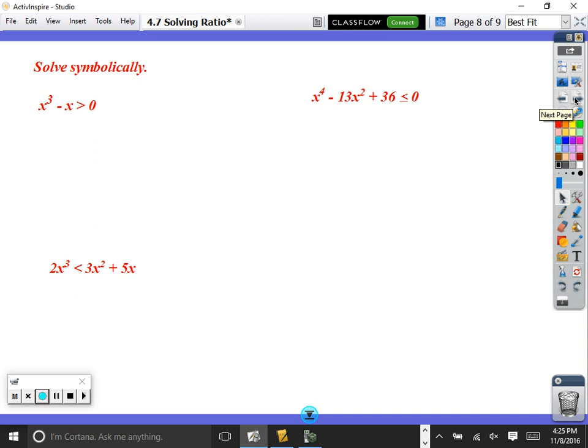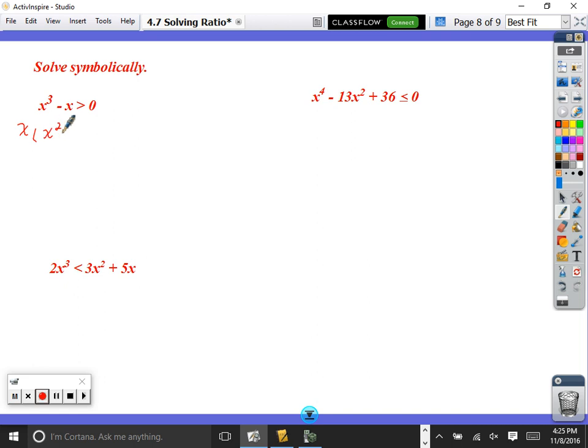What if it asks us to solve it symbolically? Symbolically means do your algebra. And notice all of these are polynomials on this page. So when you have polynomials, you want to get it set equal to 0, and then you want to factor. So if we solve, this first one is compared to 0. So we just now need to factor. What's common to both? An x.